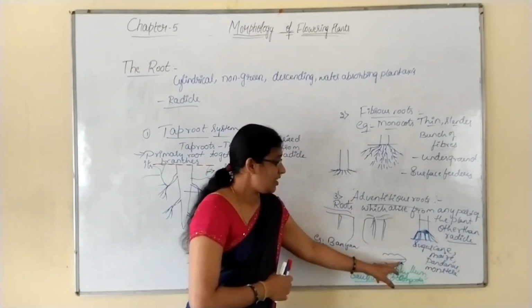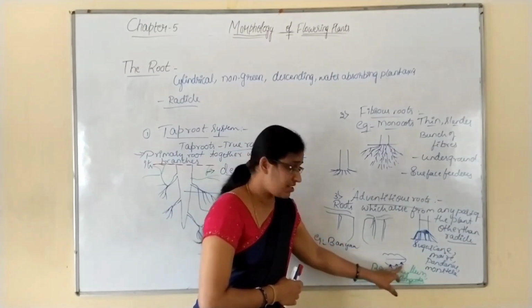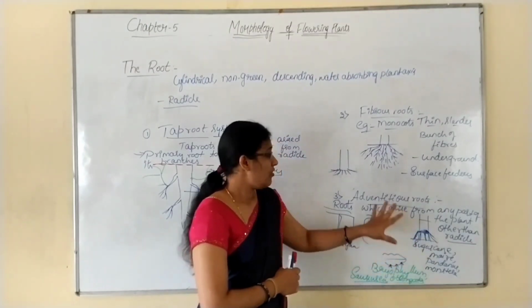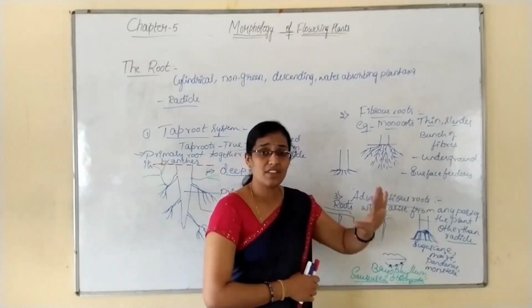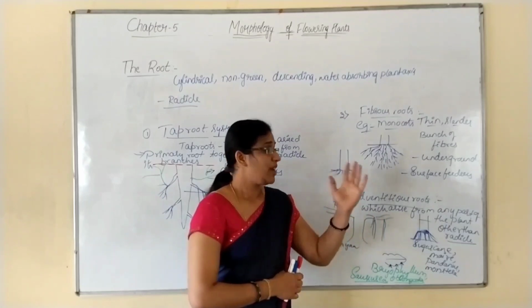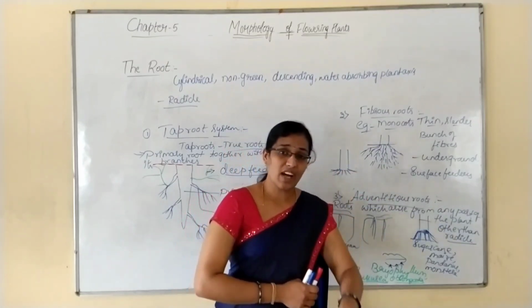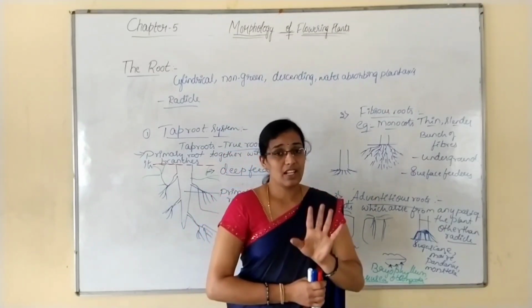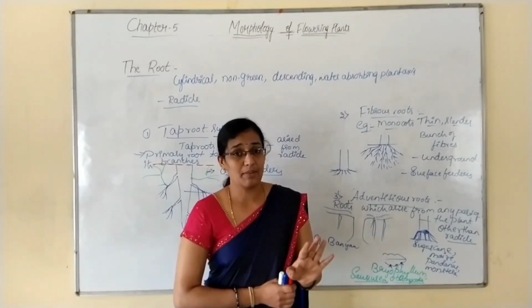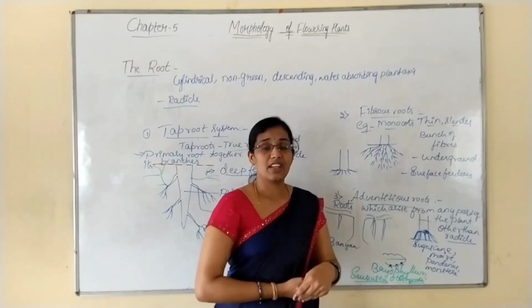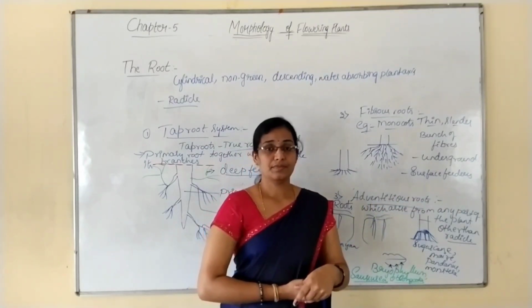And one more thing, these adventitious roots might be underground or aerial, above the ground or under the ground. So if roots are developing from any part of the plant other than the radical, those are called adventitious roots.